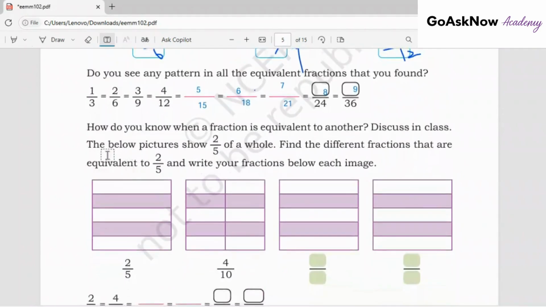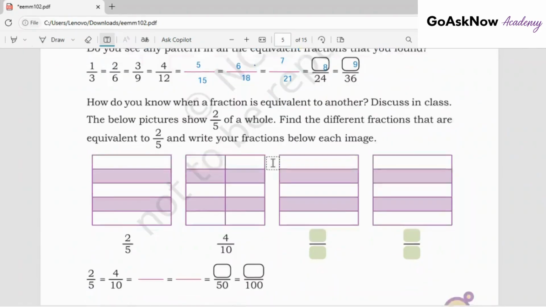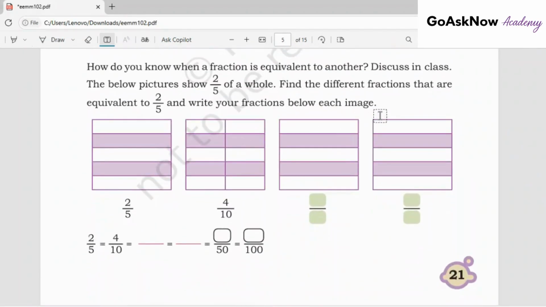Discuss in the class. The picture below shows 2 by 5 of a whole. Find the different fractions that are equivalent to 2 by 5 and write your fractions below each image. Now, when will we say that our fractions are equal?